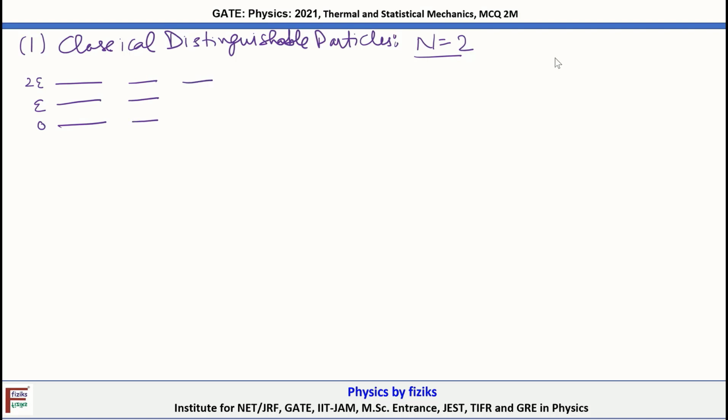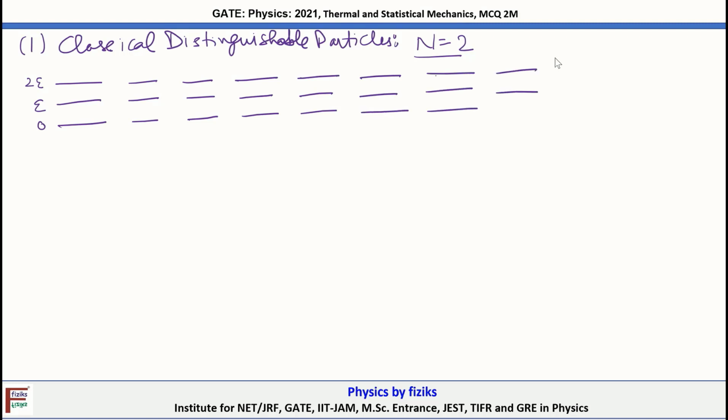We will try to distribute these two particles in different ways. Because we are treating the particles as distinguishable and classical, there is no constraint on the occupation number here. That means an energy level can have more than one particle, because they are classical.